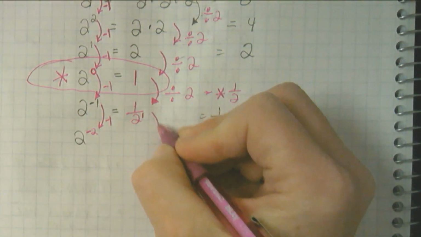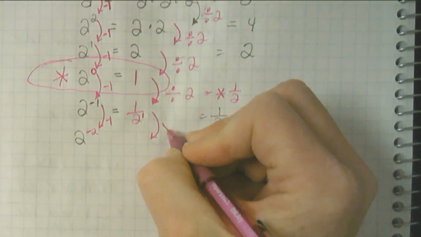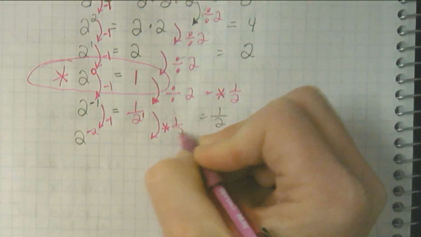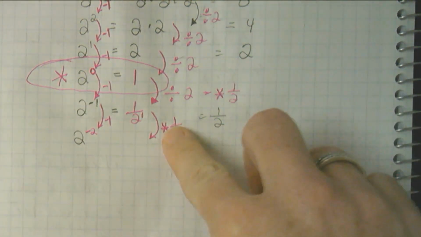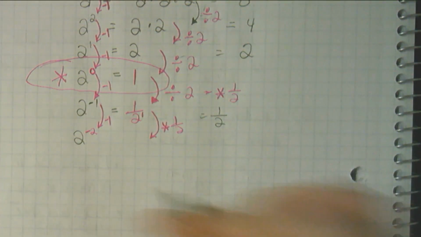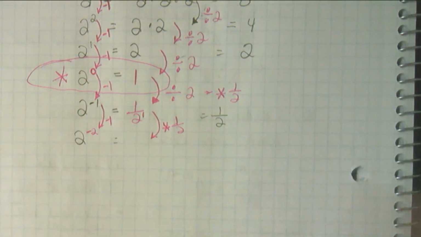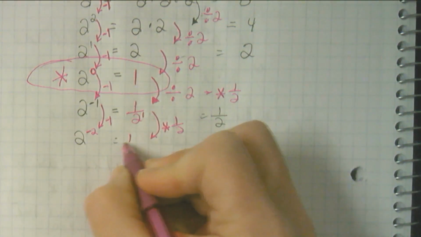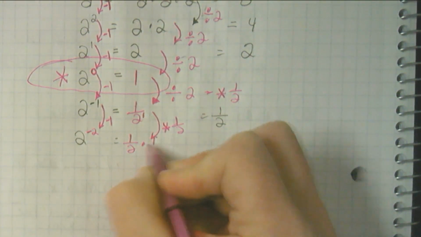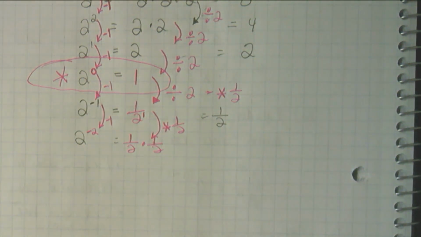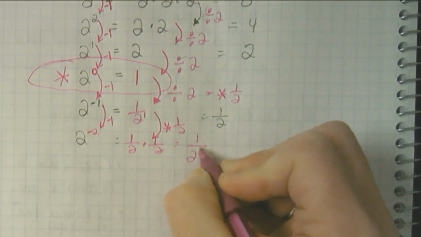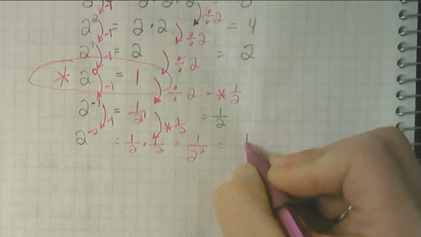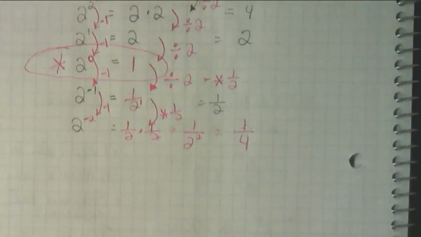Well, I'm going to take my 1/2 and I'm going to multiply it by 1/2 because I'm dividing by 2 each time, which is the same thing as multiplying by 1/2. If I was to write that in expanded form, I get 1/2 times 1/2, which is 1 over 2 to the second power, which is 1 over 4.